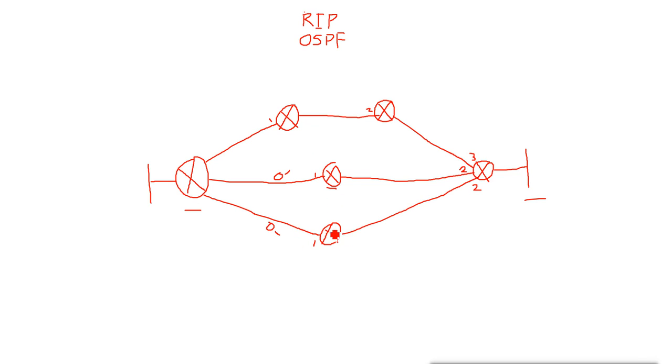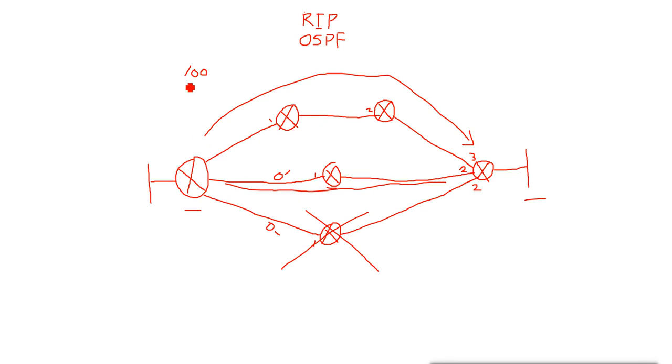For example, I don't have this link, I have only these two paths, but these two paths are not equal. If I go from here, let's say my metric is 100, and if I go from here, my metric is, let's say, half of that, that means 50.